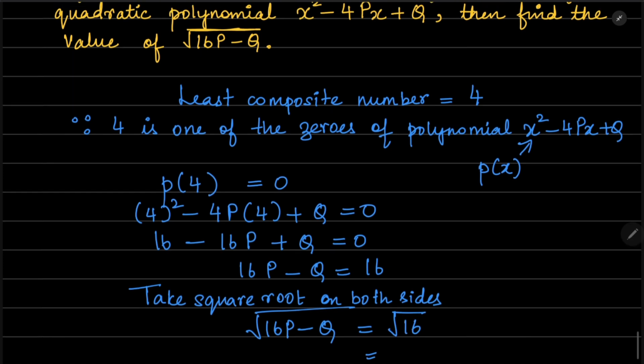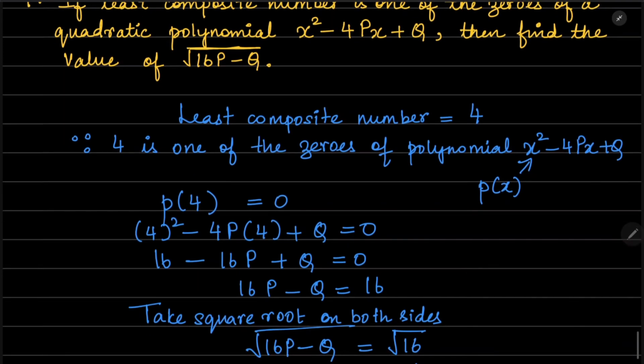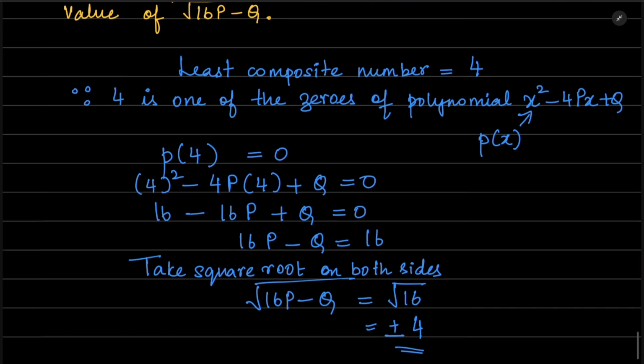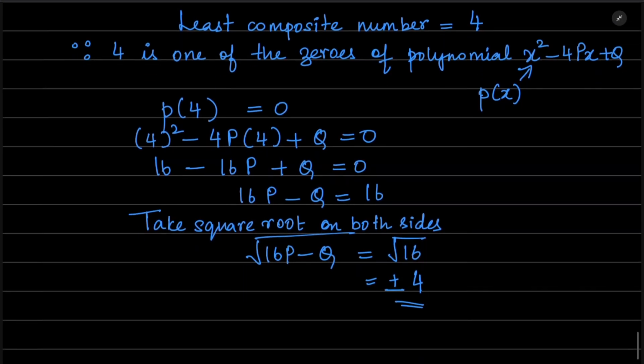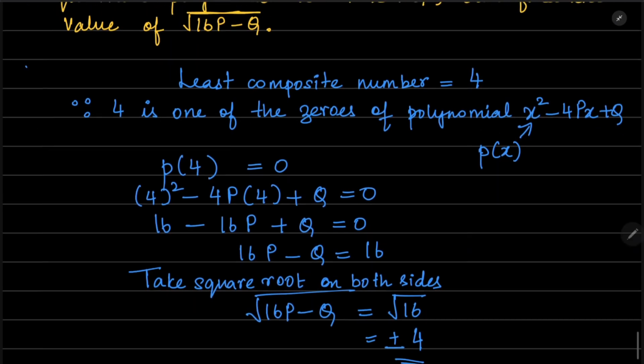So root of 16 is nothing but plus or minus 4. This is your answer, right? What you are asked is also similar. Root of 16p minus q is what you are asked to find. I hope you understood. Do pause the video and try solving.